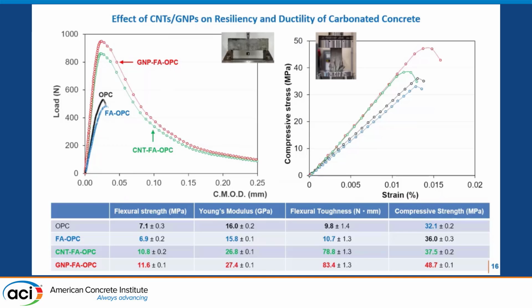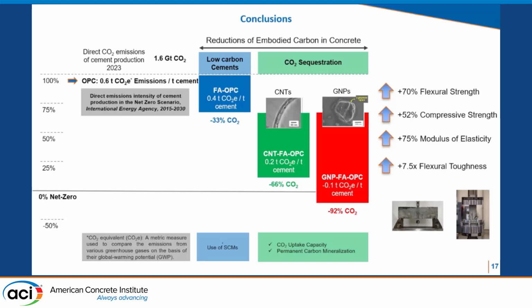Not only do we have an enhancement in the mineralization capacity by offering additional sites for carbonation reactions, it is due to their unique mechanical properties, modulus of elasticity of 1 terapascal, etc., that contribute to reinforcing the cementitious matrix at the nanoscale, and we see phenomena like prolonging the proportionality of stress to strain and enhanced tensile load-bearing capacity, also the strain energy absorption capacity at the post-cracking stage of the deformation.